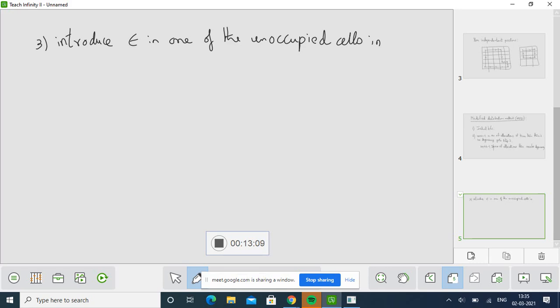After I do this, it will become non-degenerate. So I have to put this in unoccupied cells in the independent position. So degeneracy resolved.